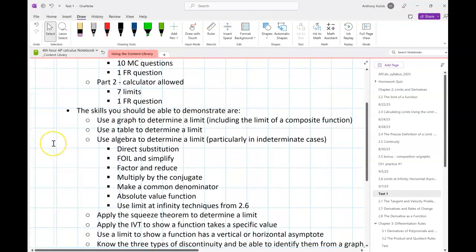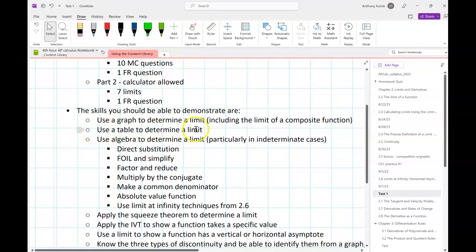The skills that you should be able to demonstrate are using a graph to determine a limit. That includes the limit of composite functions, like we did in the 2.5 bonus stuff, where I gave you 2 graphs and you looked at the limit of h of g of x or something.